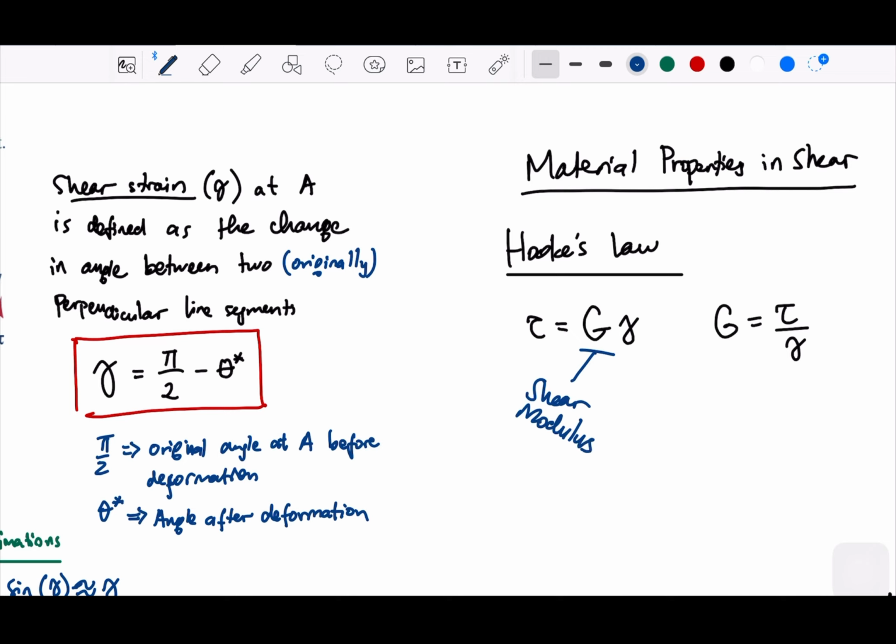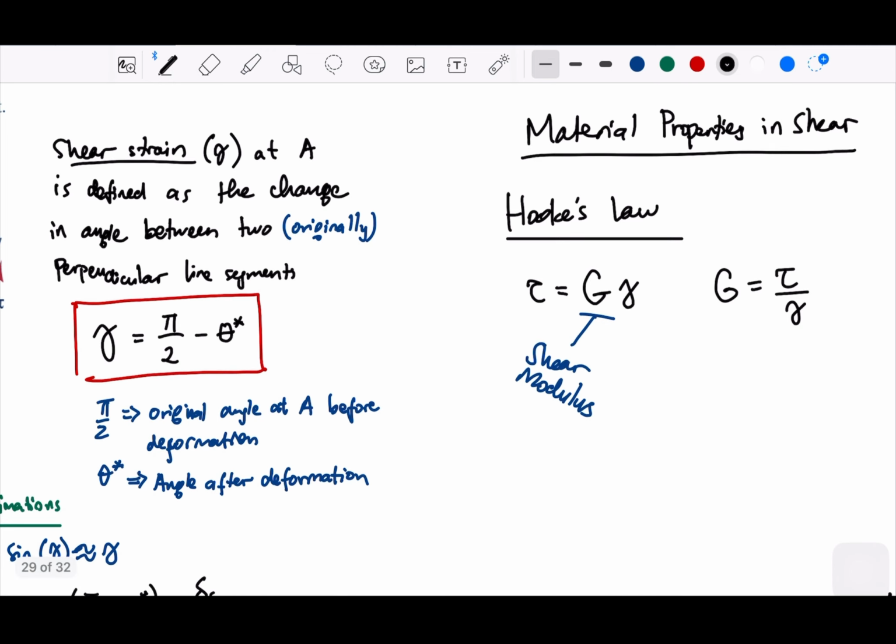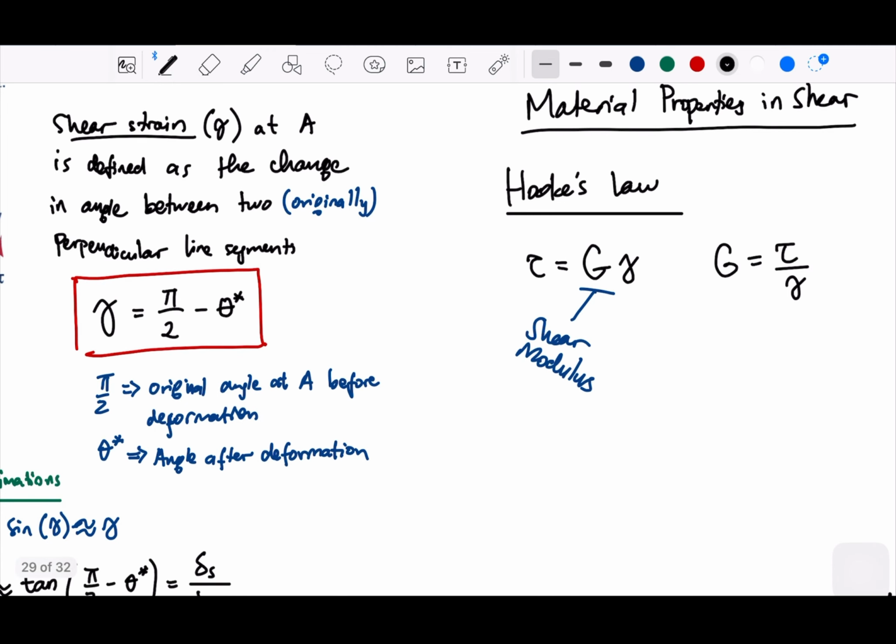Later, if we have time, maybe we can relate G with E. Let me write the formula first: G is equal to E over 2 multiplied by (1 plus V).